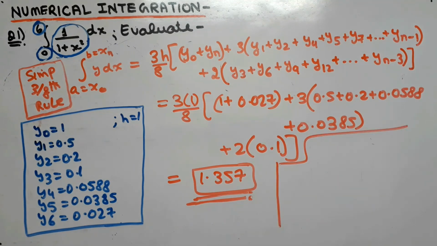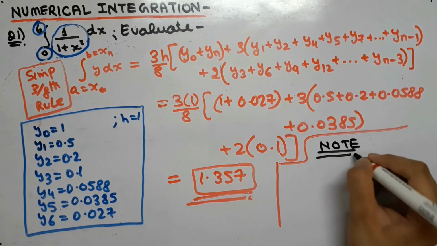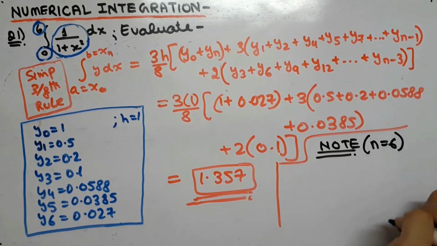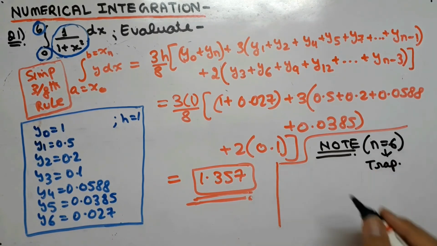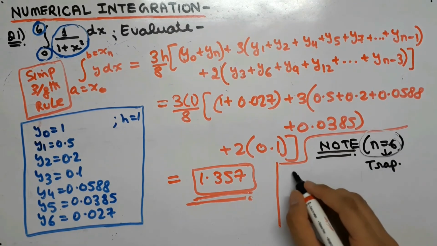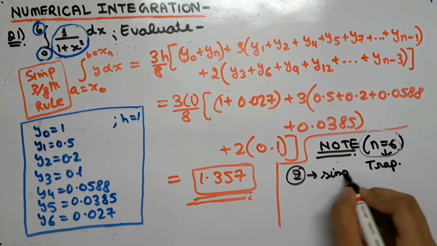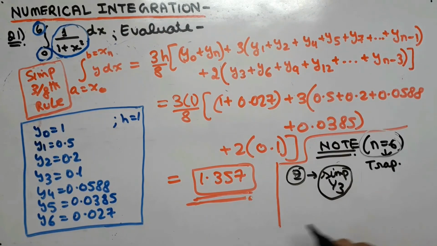Now an important thing that you should keep in mind is that we got n equal to 6 in this question. Now you know that n equal to 6 is a multiple of 1, so we can use the trapezoidal rule in this question as we used before. You can also see that it is a multiple of 2, which means that we can use Simpson's 1/3 rule for this question as we had done before.